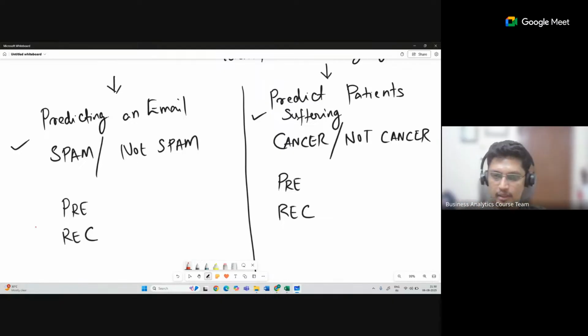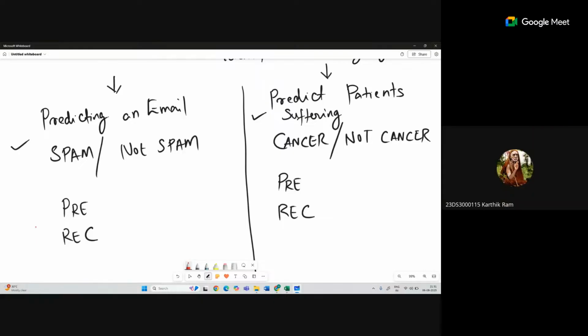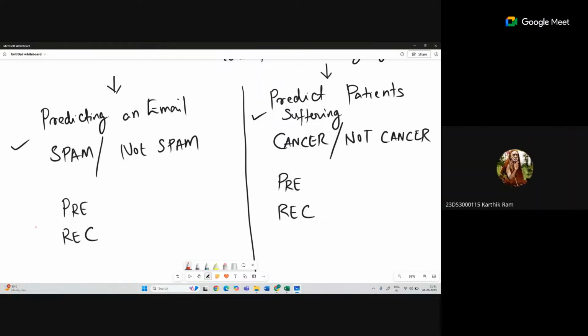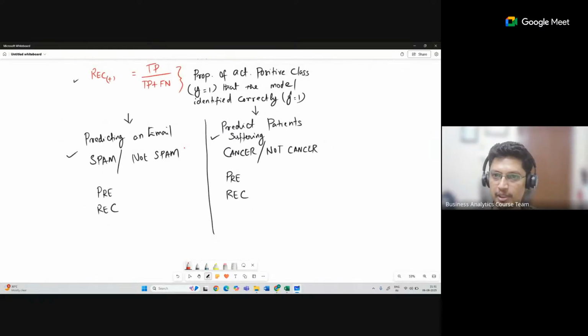You have to tell me intuitively. In the cancer case, the precision is very important. Okay, again, what is the formula for precision?